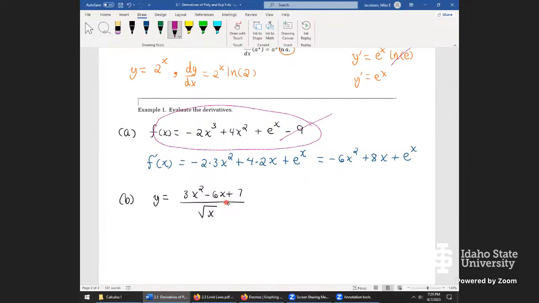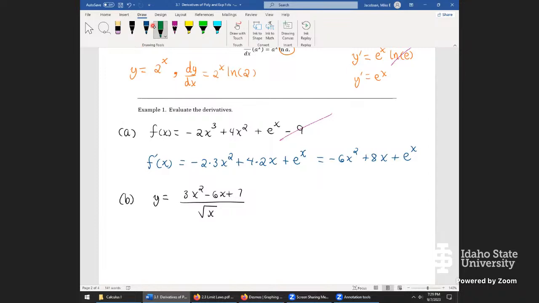And even if it looked like, say, root x times 3x squared minus 6x plus 7, we can't do that one directly either. We would have to distribute root x inside that entire group and begin simplifying. We'll do a problem just like that one as well, coming up. So the first thing we have to do with this is not differentiate, simplify first.